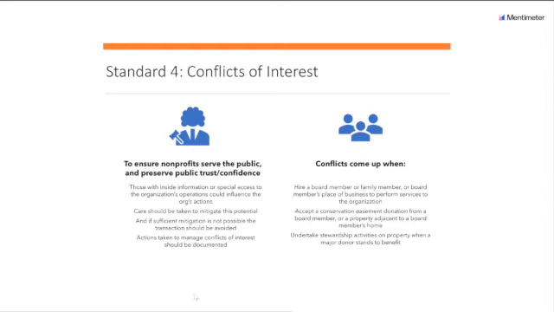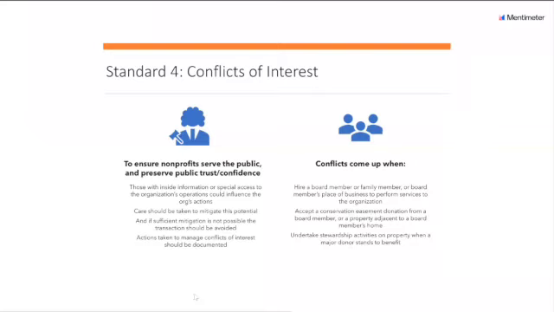There are a couple of ways that conflicts with board members might arise within your organization. Sometimes you might hire a board member or that board member's family member or their employer to provide services to the organization that are not services that are endemic to board service.